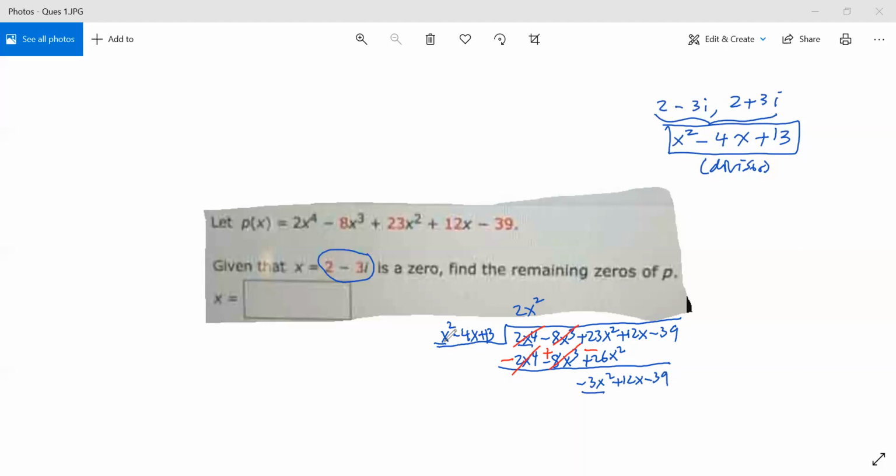Negative 3x squared divided by positive x squared is negative 3, multiply it, so you get negative 3x squared, minus 12x, minus 39.